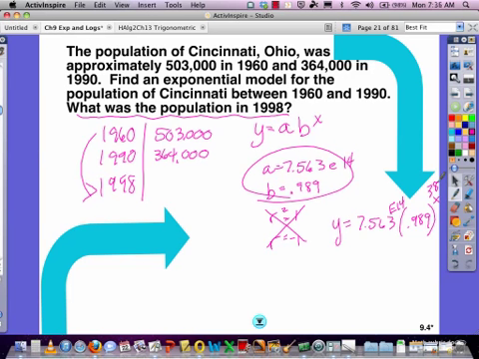And I think we have a slight problem. Yeah, this thing's supposed to be decaying. I think I have an error in my data entry. So go ahead, and it definitely should be a little smaller than the 364 value.